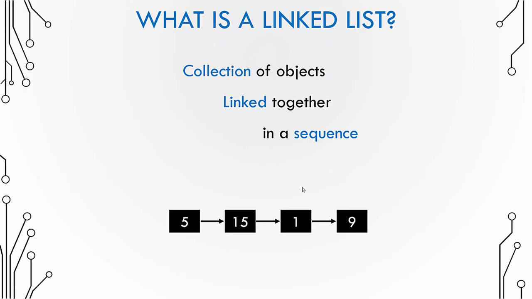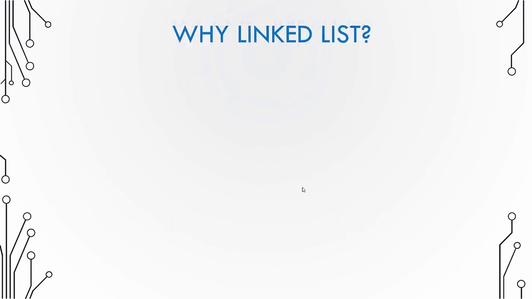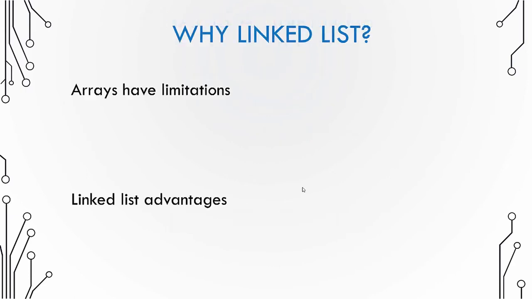We'll know the differences, but why do we need a linked list? Well, because arrays have limitations and linked lists kind of remove those limitations. So one limitation of an array is that there is a fixed size to an array. In case of a linked list, there is no fixed size.